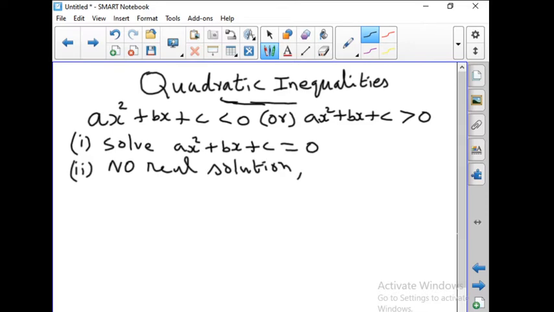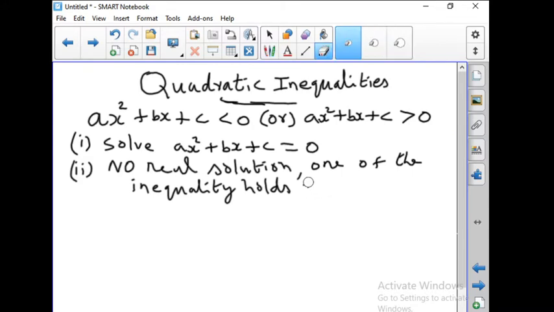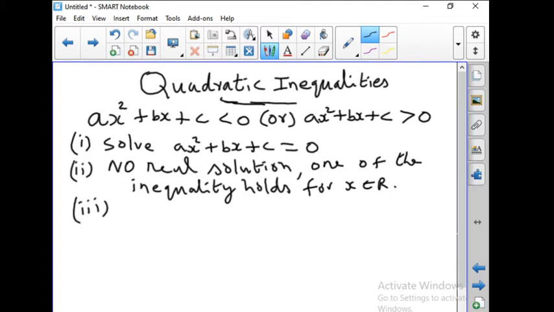then the inequality holds for x belongs to R. So if there is a real solution, if we get the two roots as real solutions, then we call them critical points.